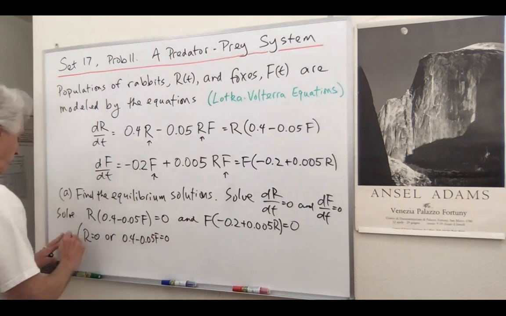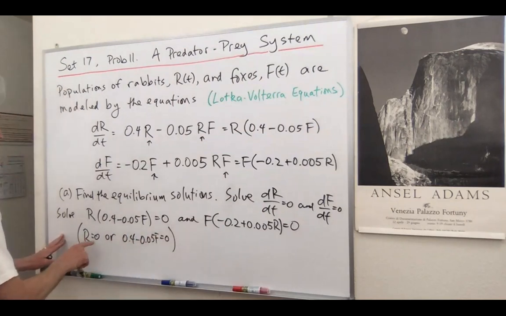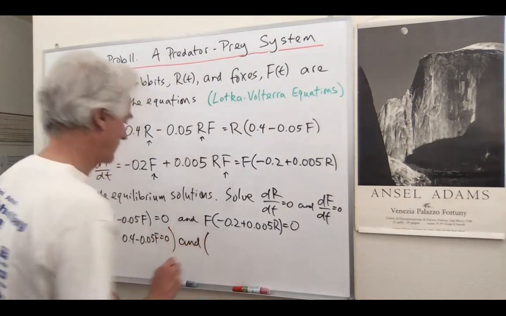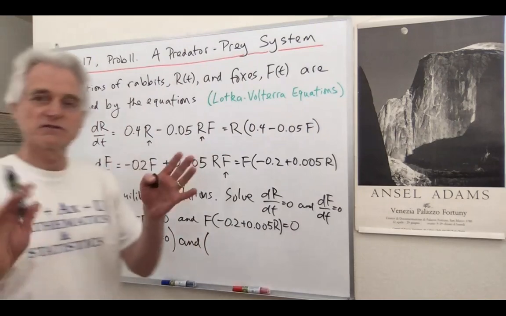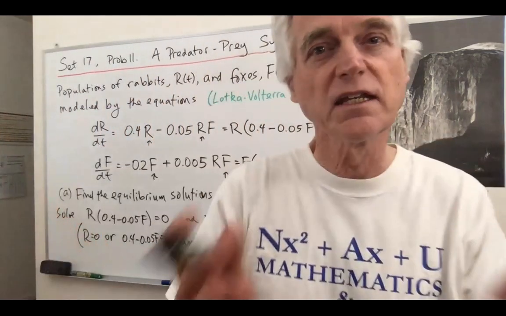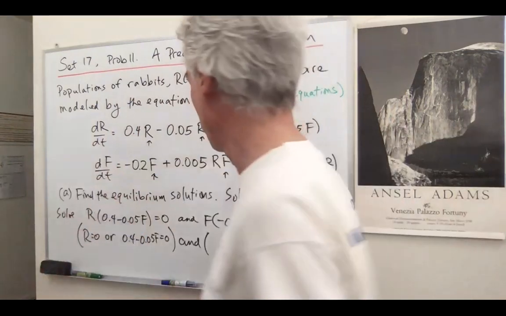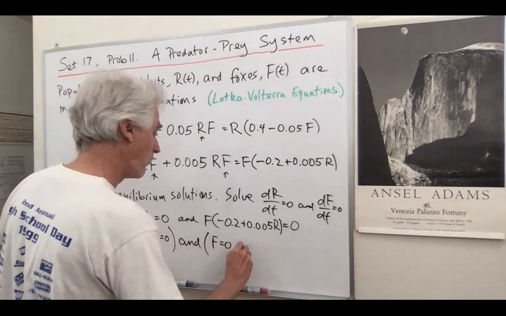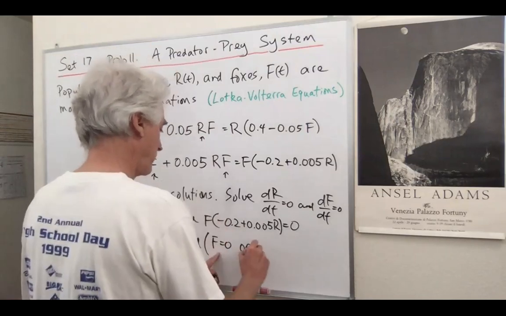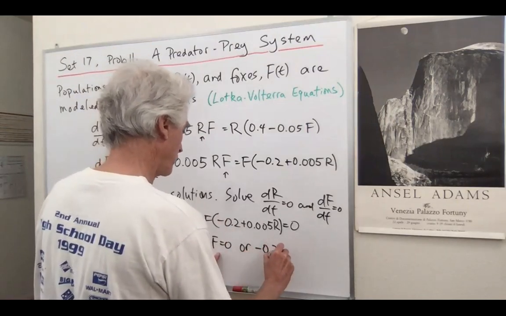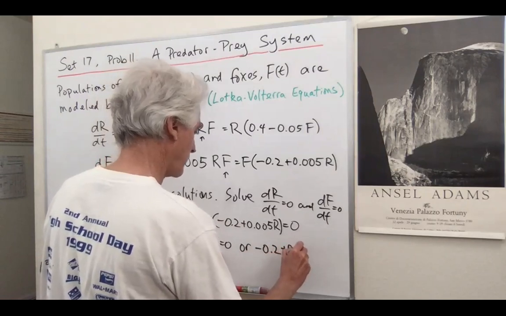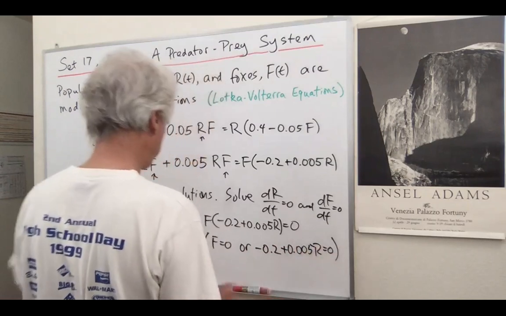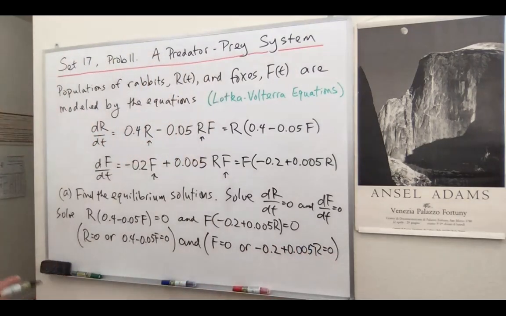And I'm going to put this in parentheses because we have this or that, and we have the other one. When I have a bunch of expressions with ands and ors in it, sometimes you have to use parentheses. And then what do I have here? Either f equals 0 or negative 0.2 plus 0.005r equals 0. Okay?